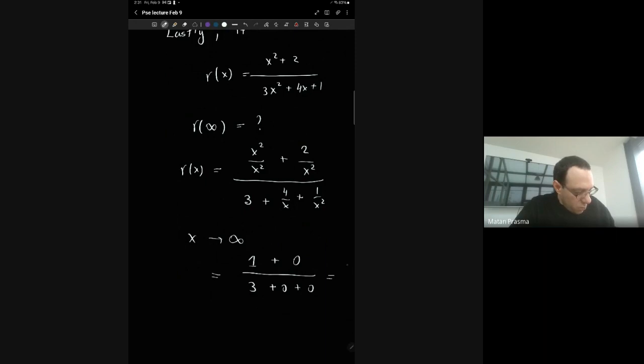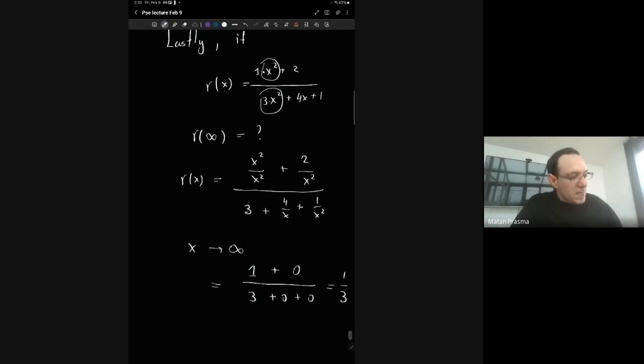So this is equal to 1/3. In other words, when the degree of the numerator and the denominator is equal, I simply take the coefficient of the highest monomial in the numerator, and divide it by the coefficient of the highest monomial in the denominator, and that's my answer.